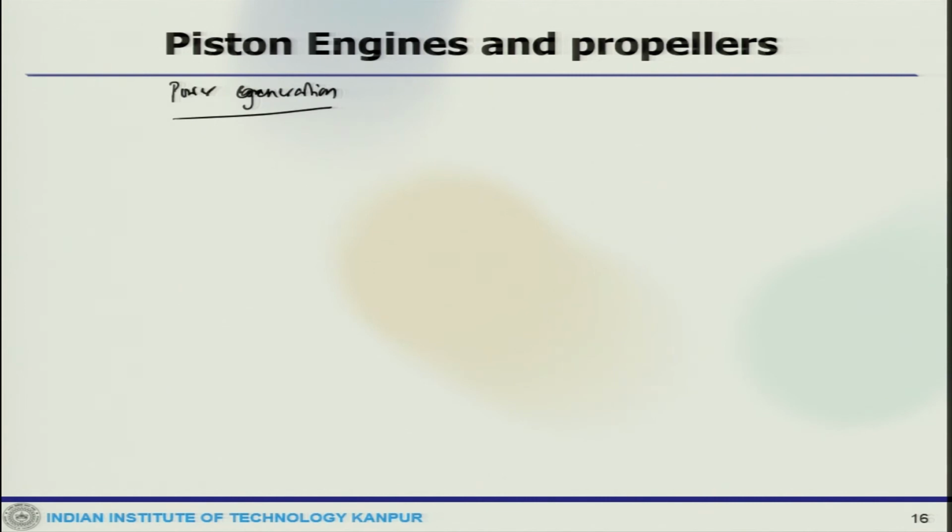The engine is clamped on a test bed, and the torque exerted by the engine is F into B. So, the power which is delivered by the engine and absorbed by the dynamometer, let us say this power P, is T cross omega, which will be 2 pi n T.